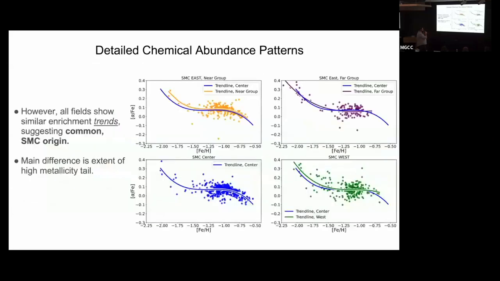But we also tried to see what happened with the near and far subpopulations, and we conclude that the trends, at least for the RGB stars, are similar across the SMC, which says they have a common origin in the SMC. The main difference is in the high metallicity tail.